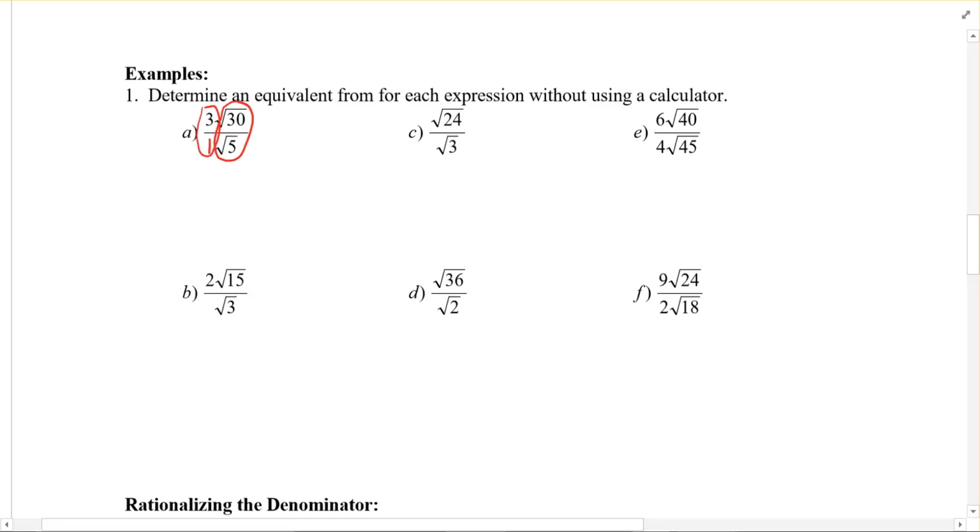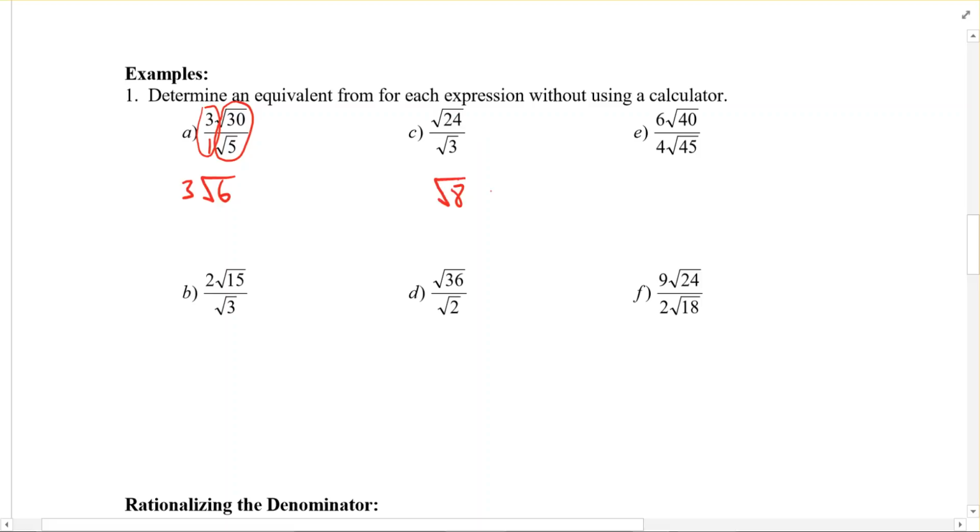So to simplify this, it's 3 divided by the 1 on the bottom, which doesn't do anything, it's still a 3. And then 30 divided by 5, just square root 6. That's all there is to it. So this one isn't too bad, right? Square root 24 over square root 3, well, that's just square root 8.